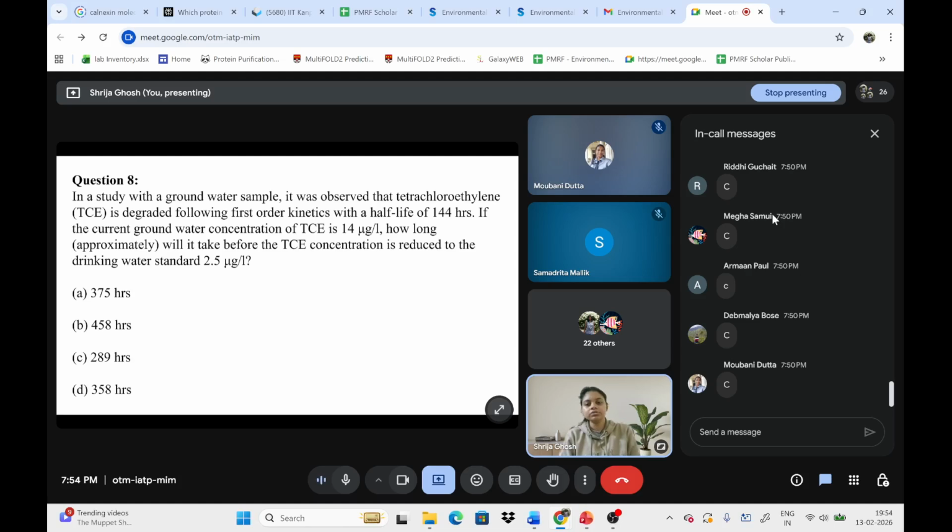Use the values and solve. Let me know the answer in the chat box. I can already see one answer in the chat box. All of you solve quickly and then we'll have the discussion. I'll give you time to solve and write.